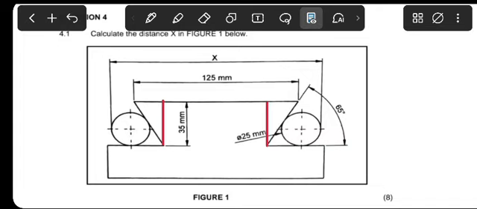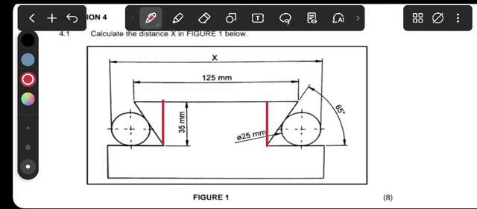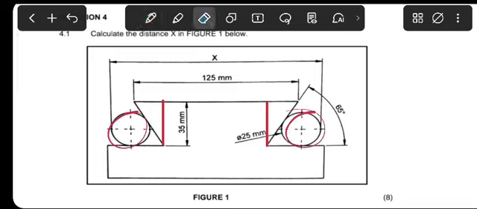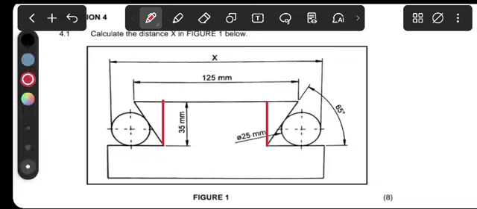Since these two are identical, I will use just one part. I won't use all of this part. Let me use this side.